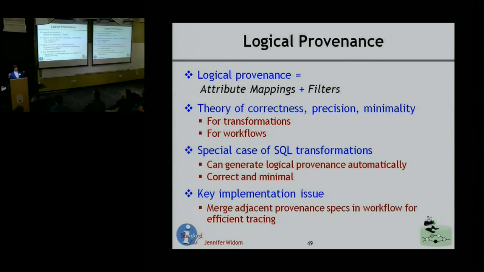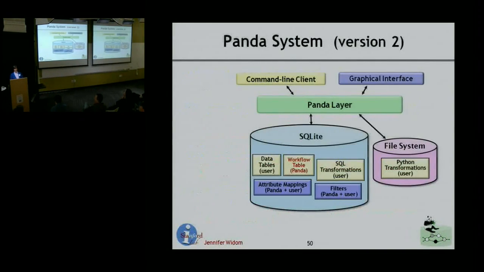But what you can actually do is sometimes, not always, merge specifications from two processing nodes and skip the intermediate data. So if I have two processing nodes that are adjacent to each other, and I have specifications for each, I can just put those together and make it as if it's logically one transformation and ignore the intermediate data. That's a nice property, and that was sort of the most interesting thing we did in the implementation.